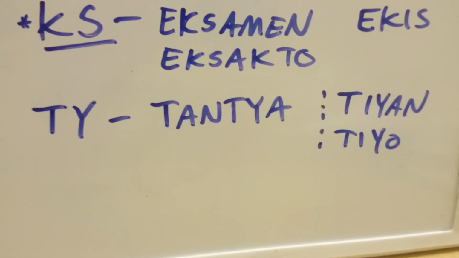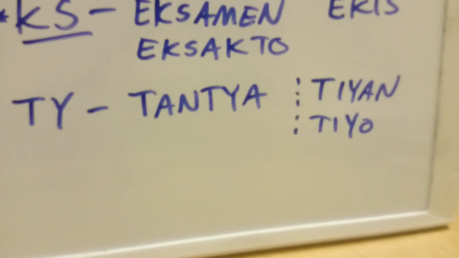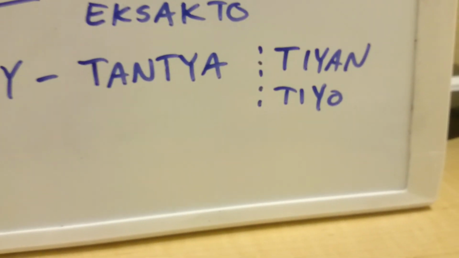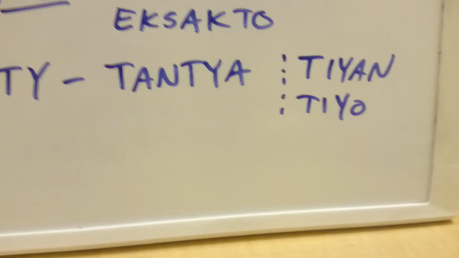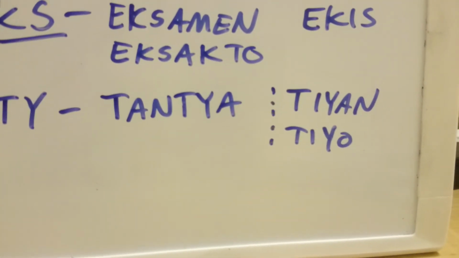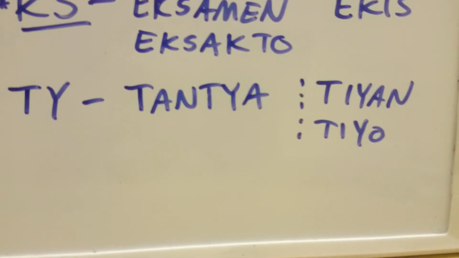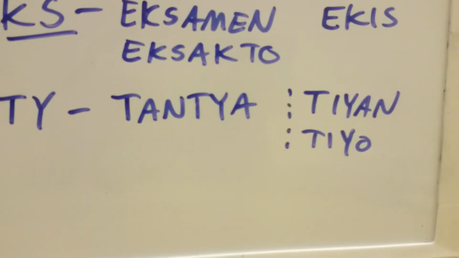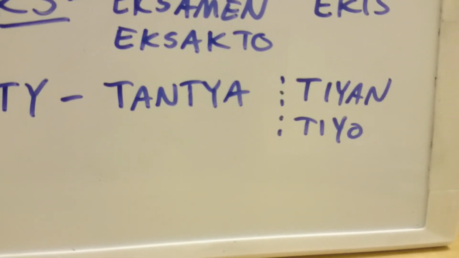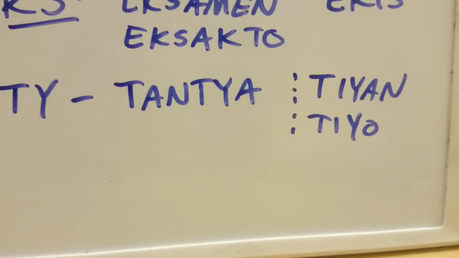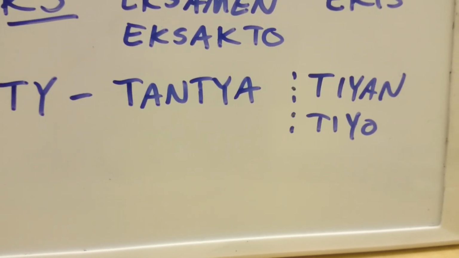Next to it, I wrote two words that people also like to make into a ch sound. It's tyan, meaning stomach. Sometimes that i is not there, and sometimes it is. It just depends. But putting the i there helps you glide your pronunciation. Tyan, tantya.